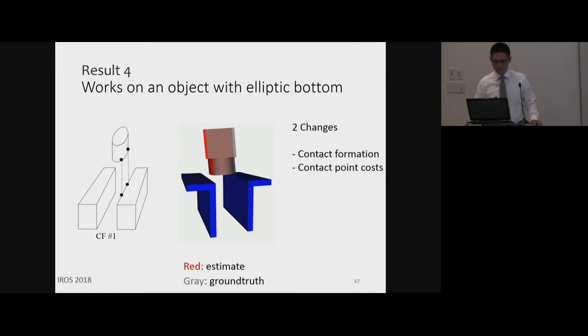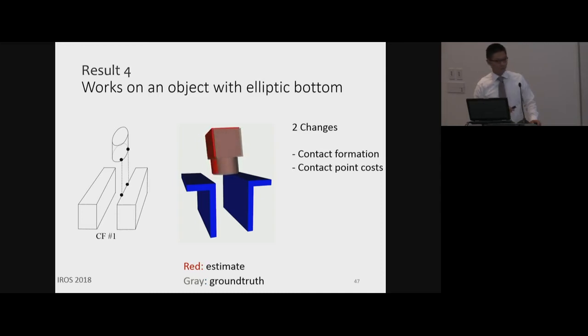So the fourth result is we wanted to adapt our system to a new object, especially the ellipse bottom, which has a more smooth curve. Because our system is described with modules, it is easy to swap the components. There are two changes involved.